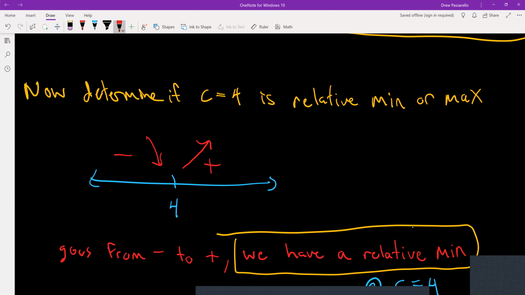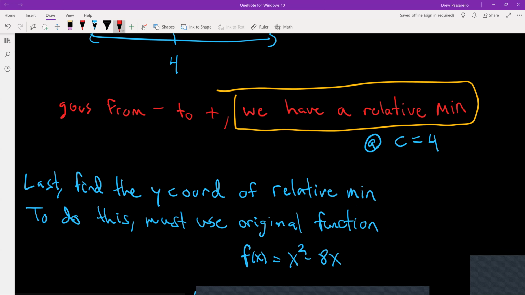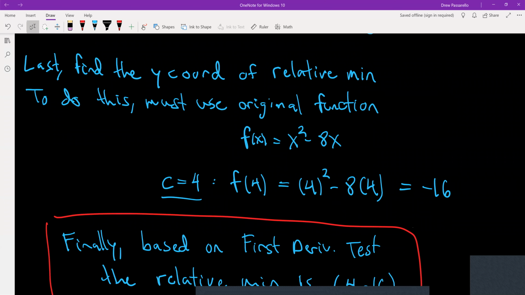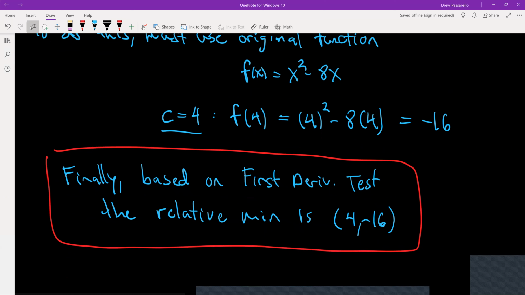In this case, it went from a negative to positive, or decreasing interval to an increasing interval, which means we have a relative min, at our critical number c equals 4. And last, we just need to find what the actual relative min is, by plugging it into the original function. So you get negative 16 for the y coordinate of the relative min.